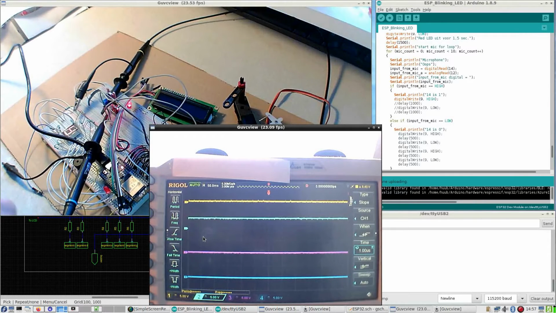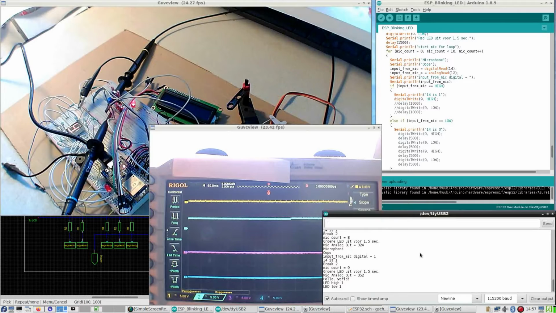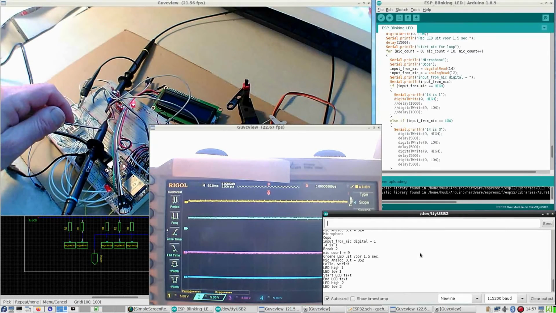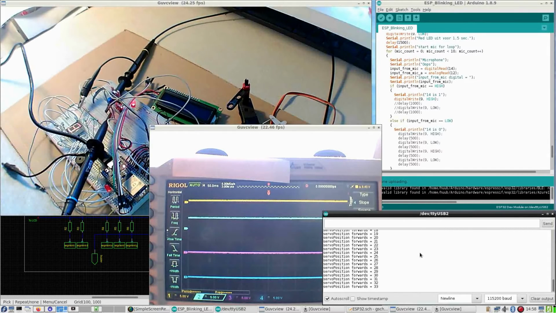No, because I'm supposed to see that straight away, and I don't, because the program is running. And this is faster on the oscilloscope than the code is in the terminal, so it doesn't mean a thing.